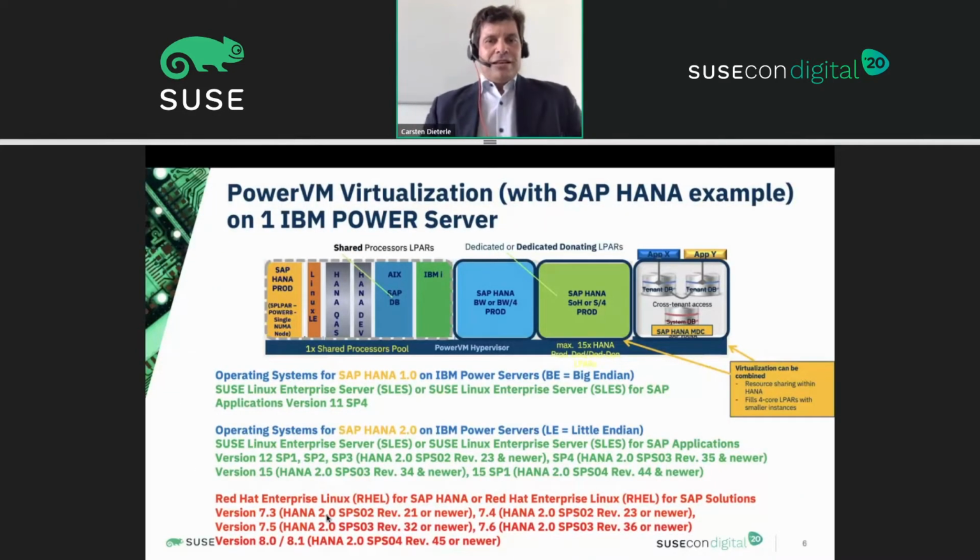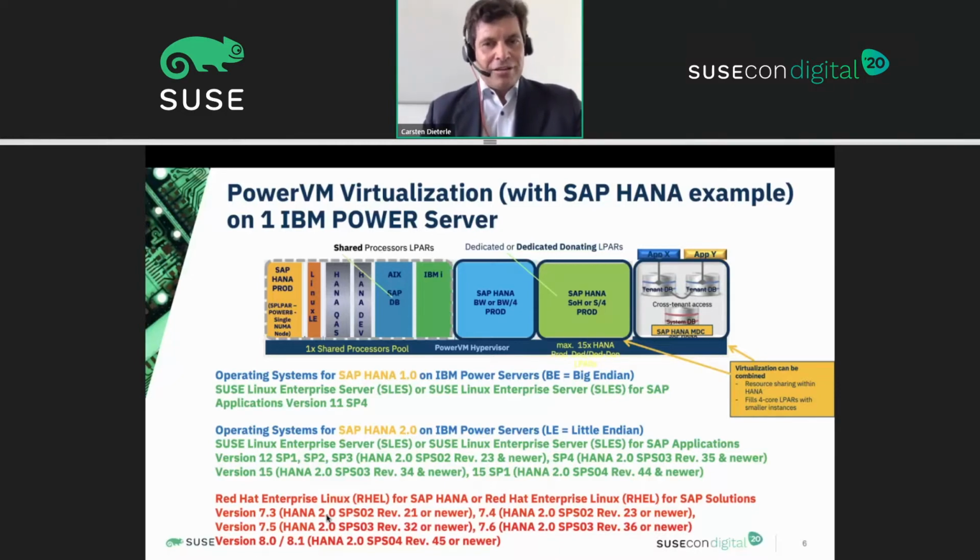Here you see a typical picture of how we set it up: a typical server with different workloads, with IBM i workload, AIX workload, probably application servers, and many HANA systems with quality assurance, dev, probably sandbox systems, and also production systems.